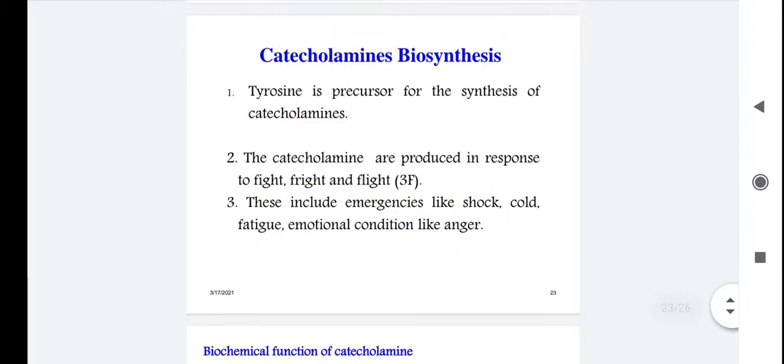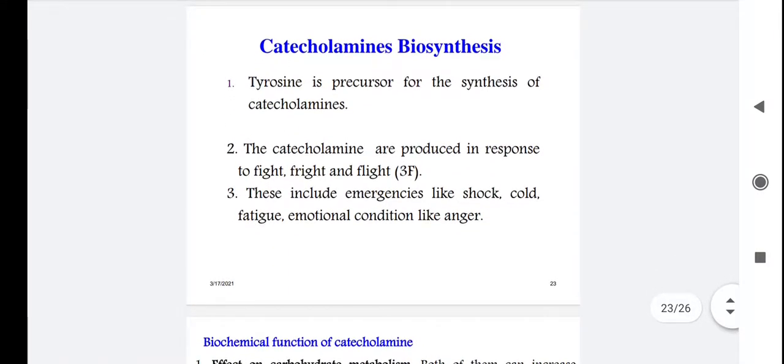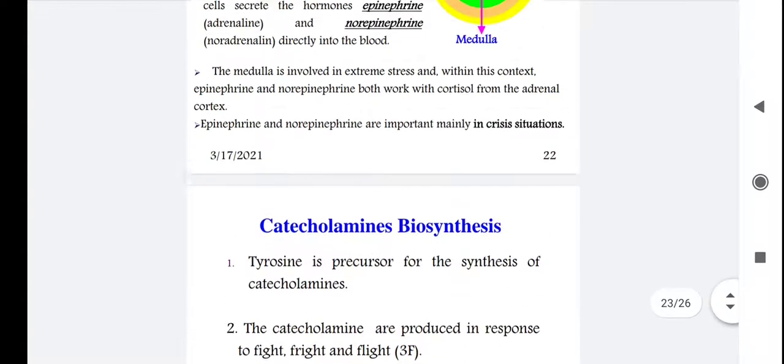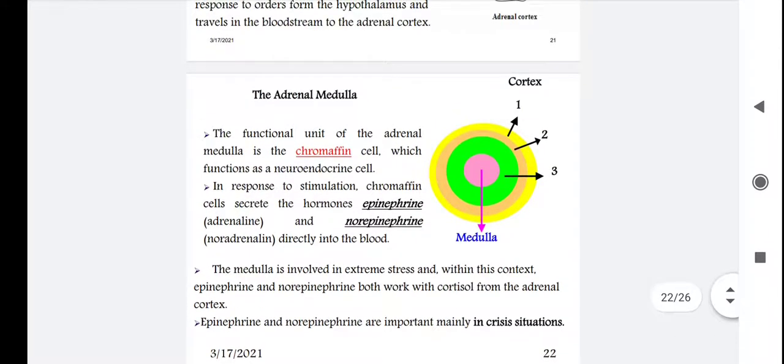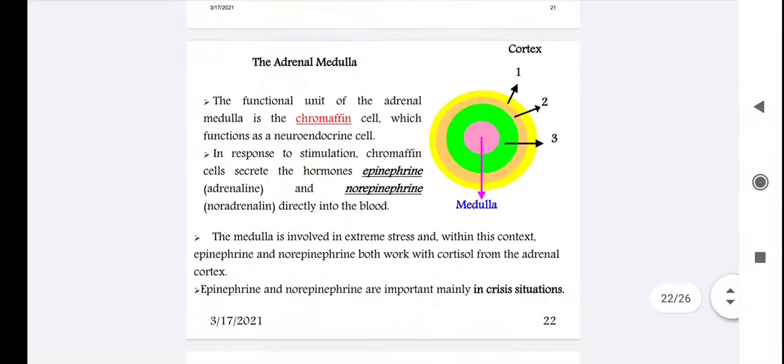Catecholamines biosynthesis. Catecholamines, we have the inner region of the adrenal gland, which is the medulla. The medulla is the inner layer of the adrenal gland.